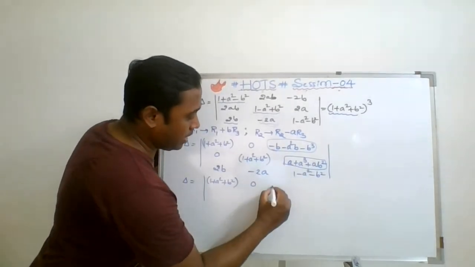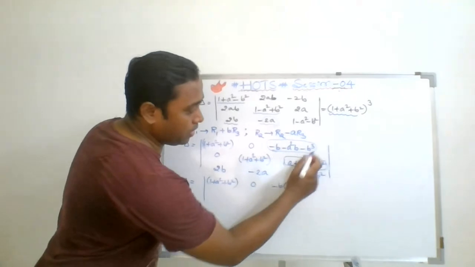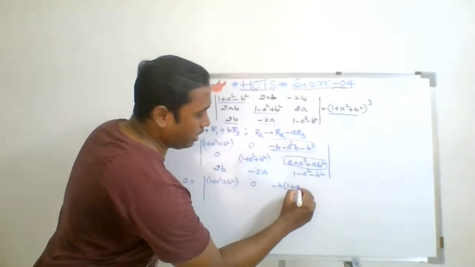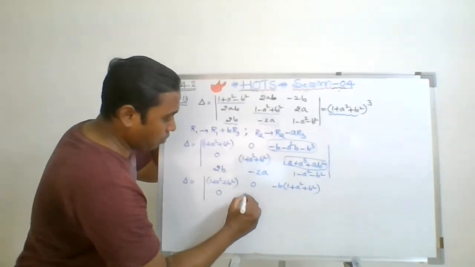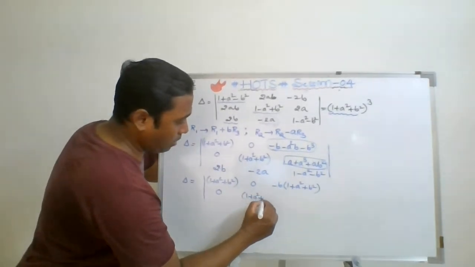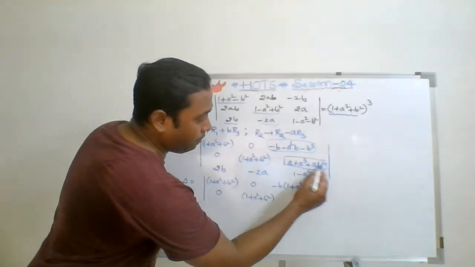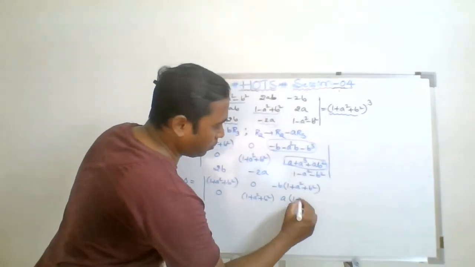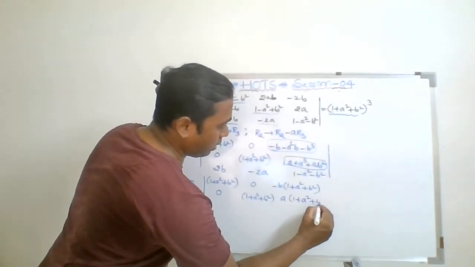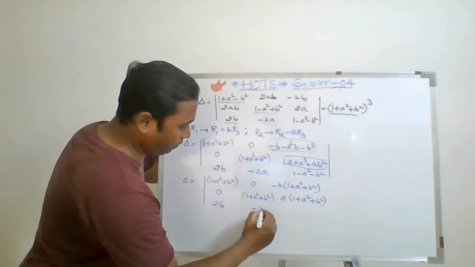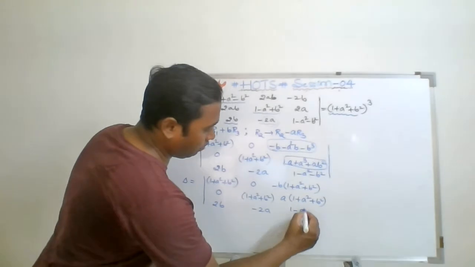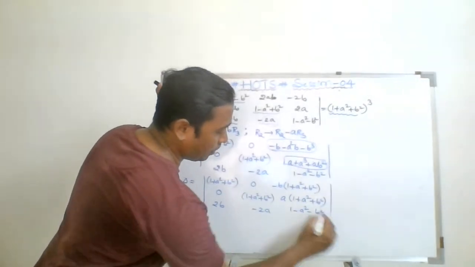If I take minus b as a common factor from this element, I will be left with 1 plus a square plus b square, 0. 1 plus a square plus b square. If I take a as a common factor, it would be 1 plus a square plus b square, and row 3 remains same from the beginning. I am not disturbing row 3.